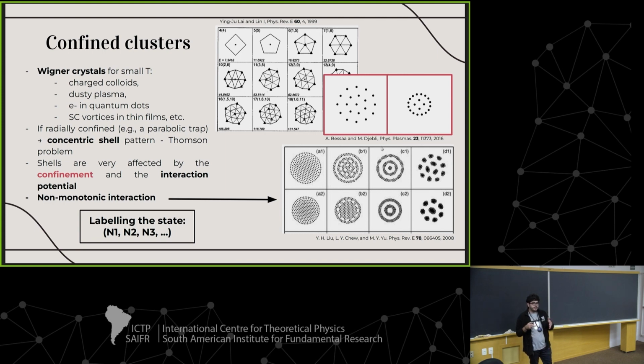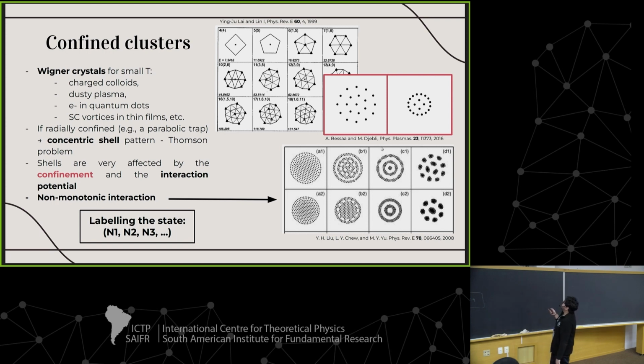We can change this structure, for example, by adopting a non-monotonic interaction. So we have the confinement, a repulsive potential, and maybe some attractive part, giving rise to these complex patterns here. We can label these states for these interacting particles just by giving the number of particles in each shell.